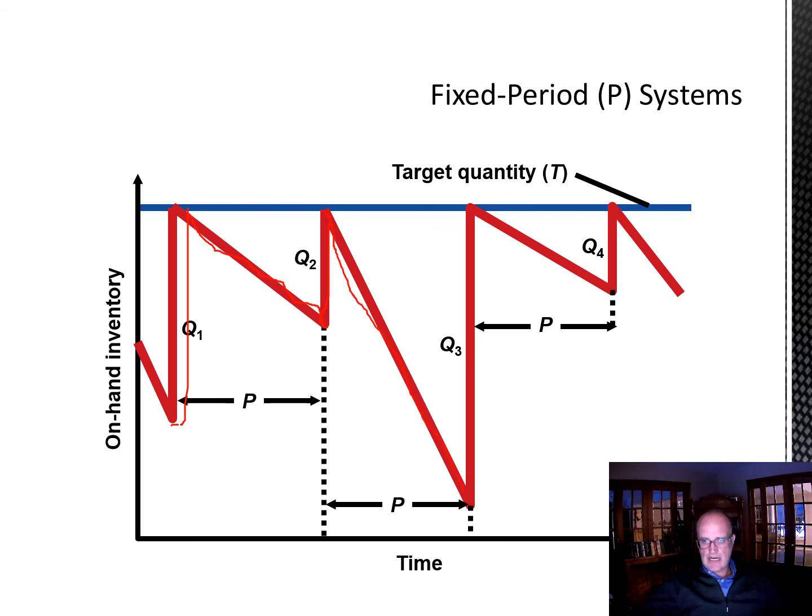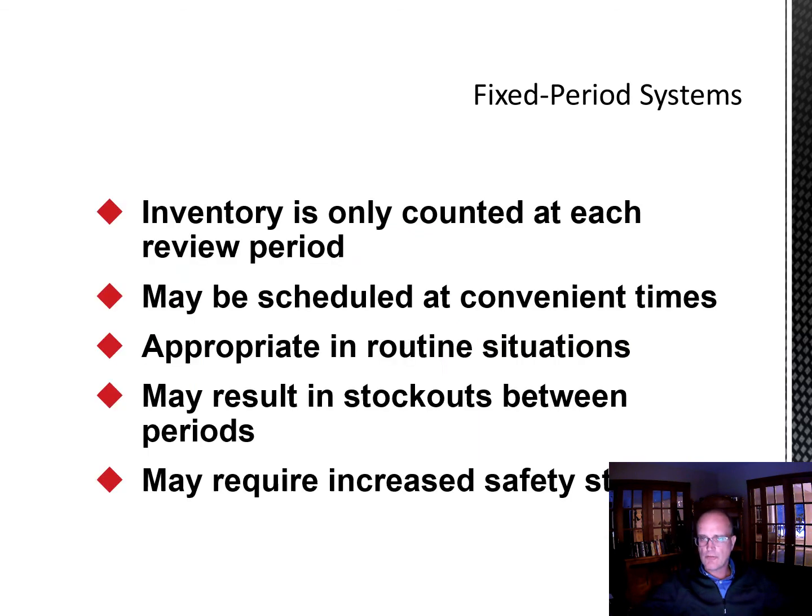This time we had high demand, so at the end of time period P, we order up to that level. So in a fixed period system, you don't order the same amount. In the EOQ, POQ models, you order the same amount and you do it triggered on a specific inventory level. Here you order up to a level in every fixed period, whether it's a day, a week, 5 days, whatever, on a regular basis.